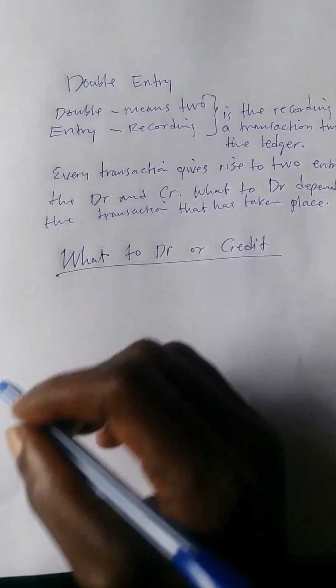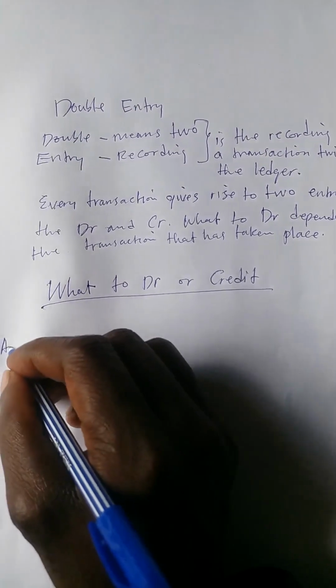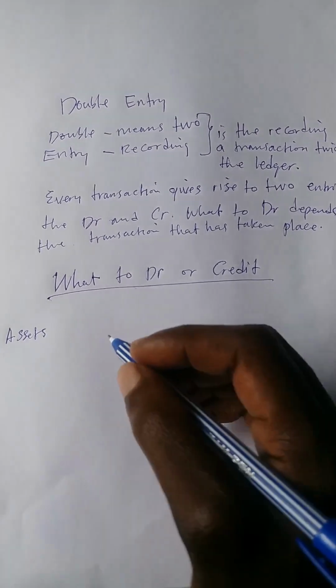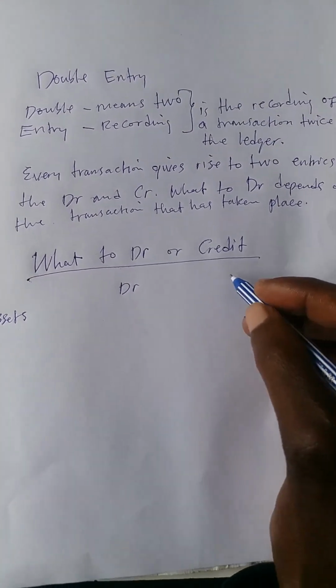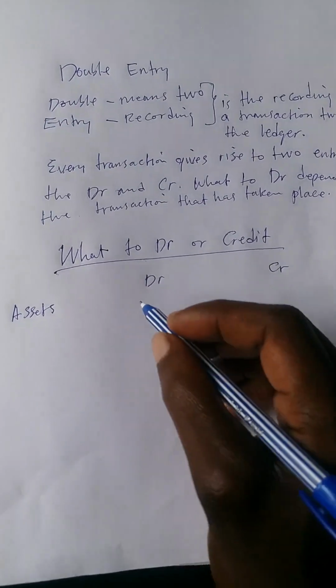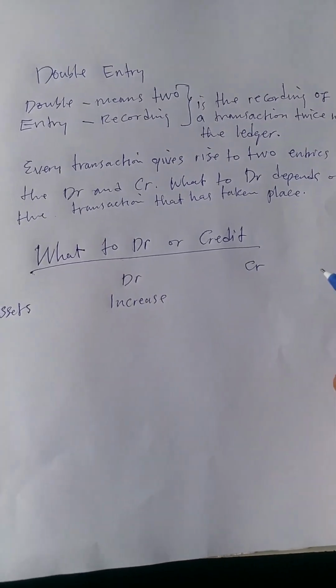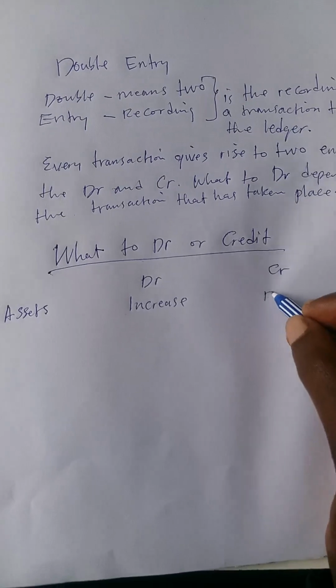So when we are saying what to debit or credit, we are talking about assets, expenses, liabilities and income. When do we debit assets? When assets increase, you debit. When they decrease, you credit.